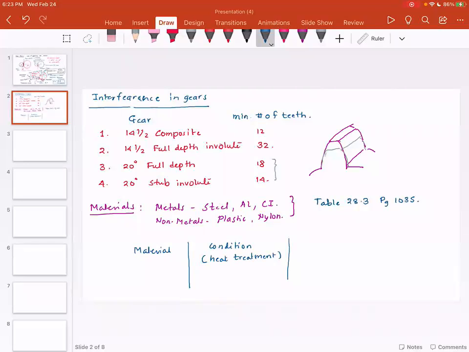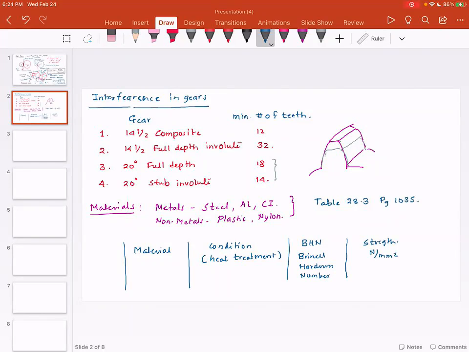Then you're going to have BHN, which is nothing but the Brinell hardness number, and this talks about the surface hardness. And then it will talk about the strength, and this strength is usually given in Newton per millimeter square.